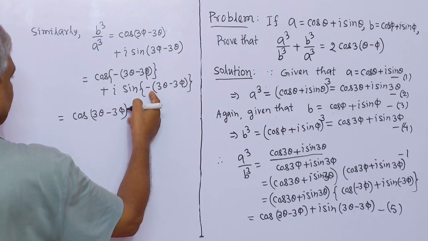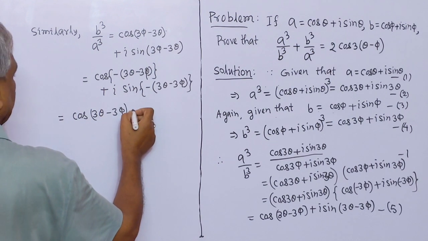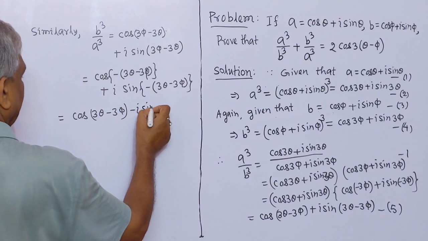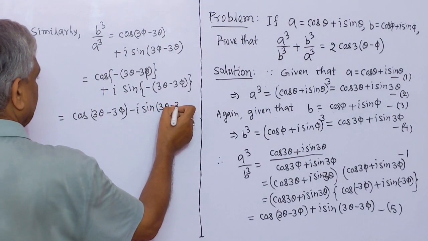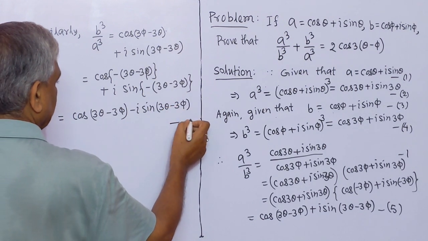Here sin minus theta equal to minus sin theta, so here minus i sin(3 theta minus 3 phi). This is number 6.